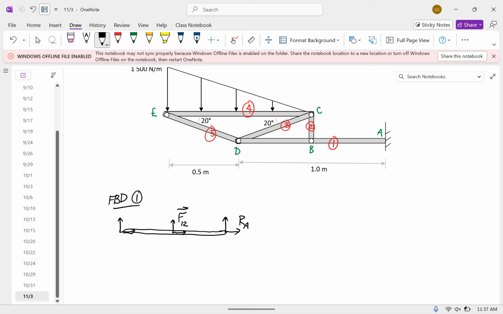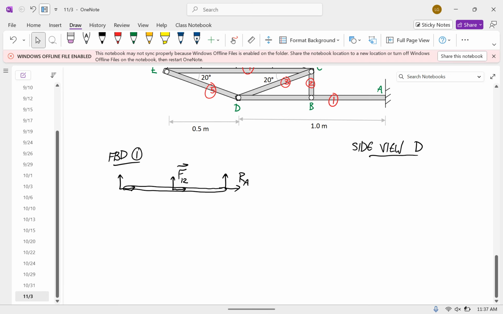And then over here, if I did a side view of joint D, let's say I'm looking at it from the left side of this picture, there would be member 1 like that, and there would be member 3 like that, and member 5 like that, and they would all be connected by a pin.